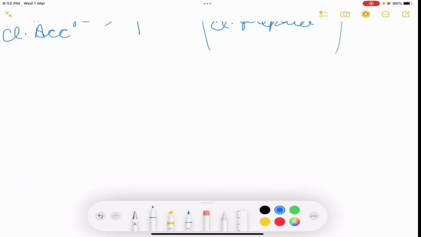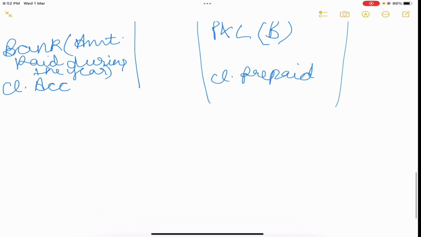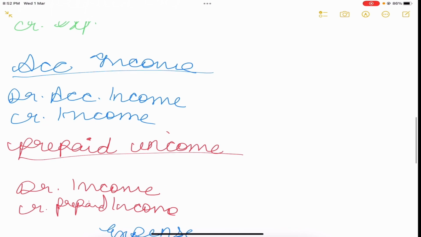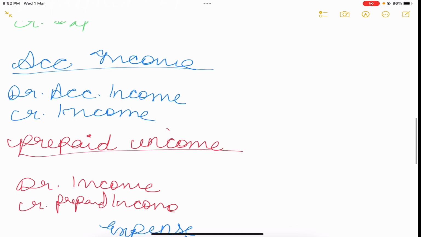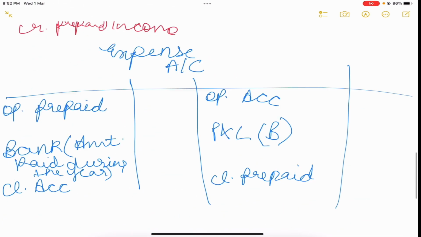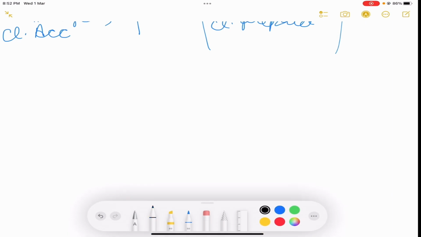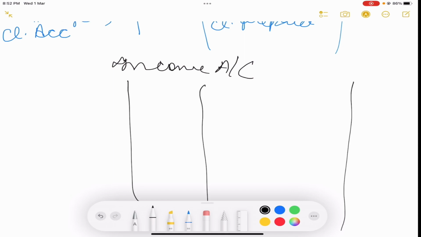After this, we saw how an income account looks, right? So let's quickly revise income account also. In the expense account, you saw on the debit side, the first thing was prepaid. It's the opposite in income. I hope you've learned the formulas.